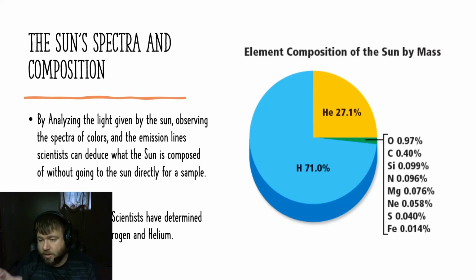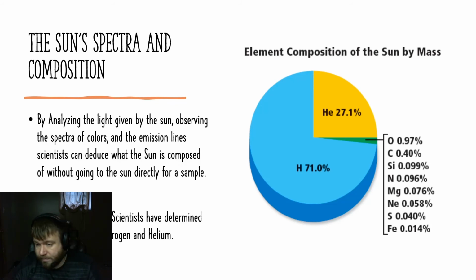Now, there's a chart on the screen here that tells what other elements the sun is made up of, but the most of it is hydrogen, 71%, and helium, 27.1%. Now, all the other elements that are in the sun are in very small amounts.